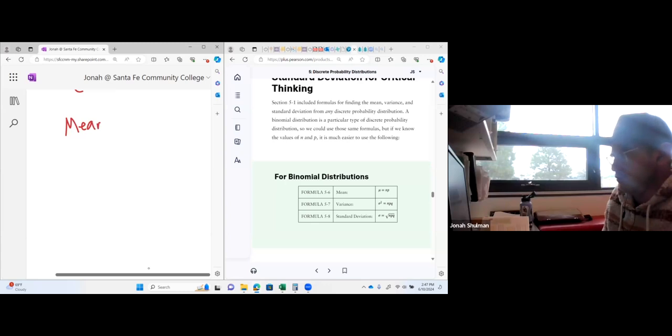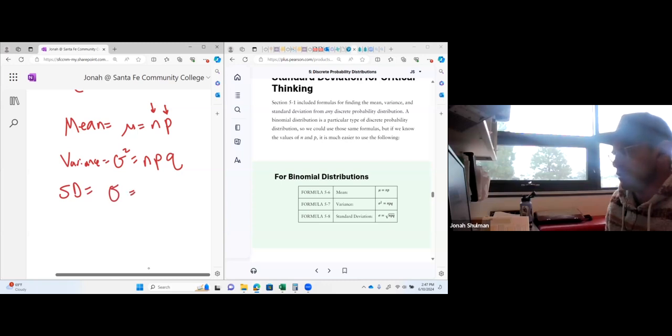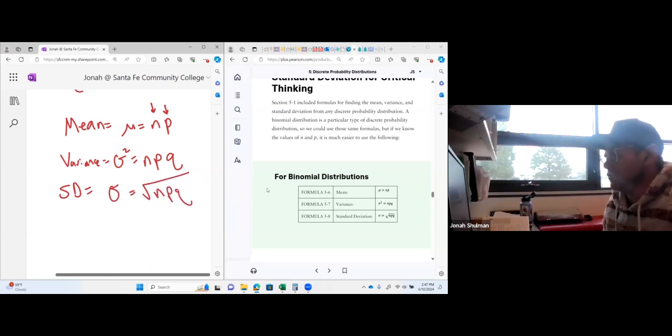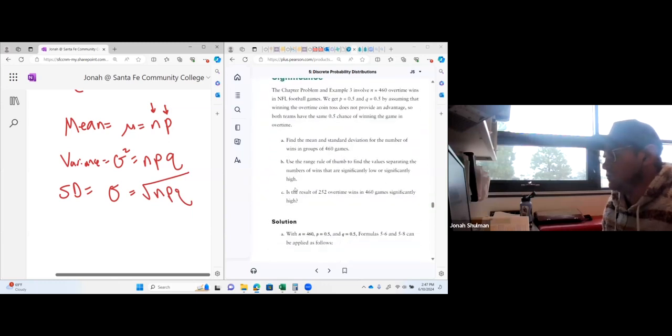So our mean, remember, is n, which is the total number, and p is it happening. We have our variance, which is n times it happening times it not happening. And our standard deviation is honestly just going to be the square root of the variance. So if we have the pieces for this formula, we should be good.